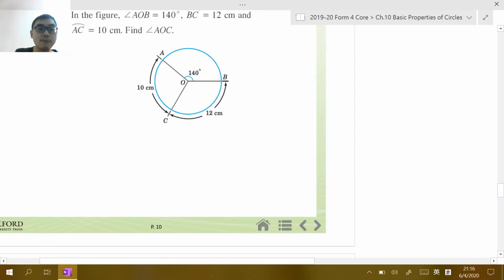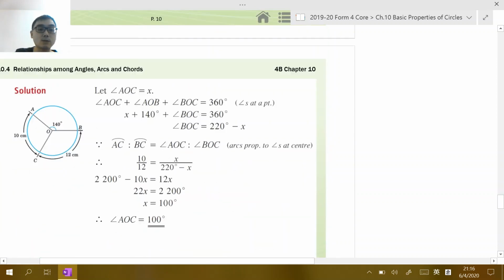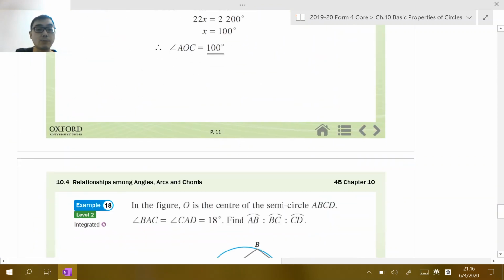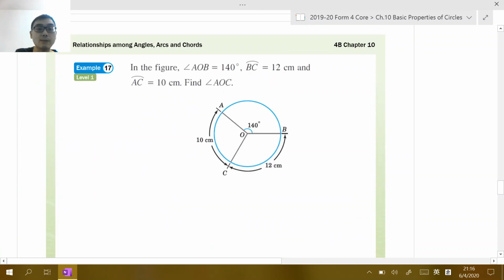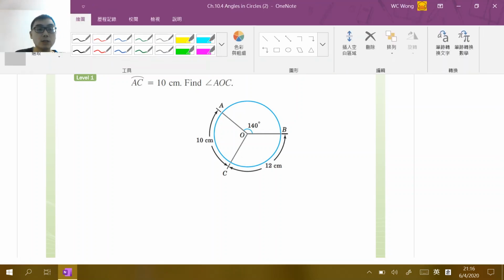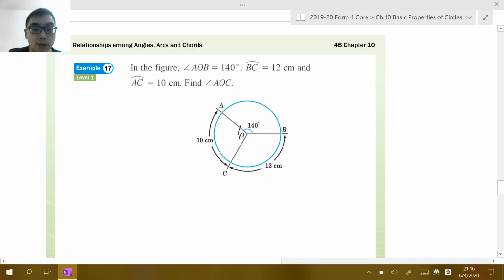Before I give you some examples, I think the examples are very easy, you can just read them by yourself. But do notice carefully: in this question, you have to find the angle AOC, but you are not given any angle from arc AC or arc BC.